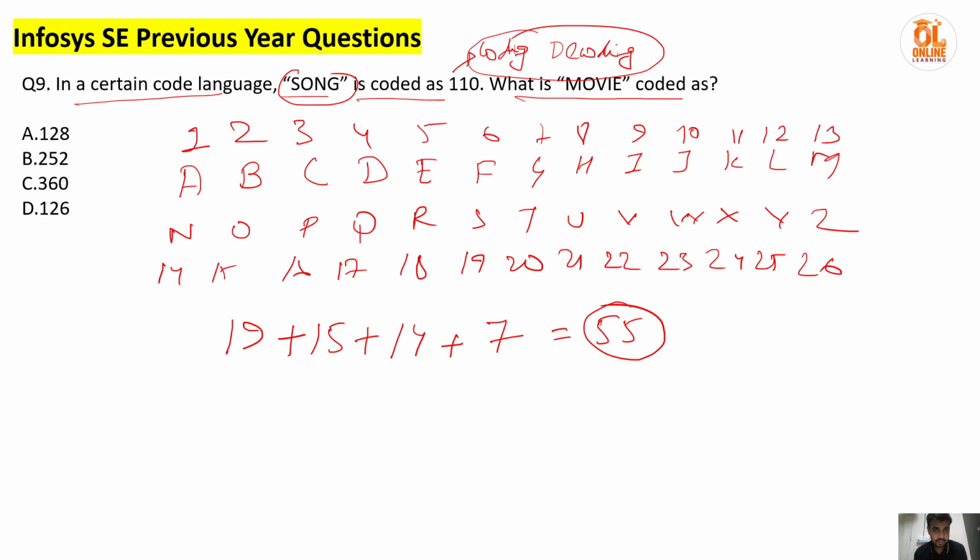So they have given song as 1110. So 55 into 2, we are getting 1110, right? So 55 into 2 is 1110.